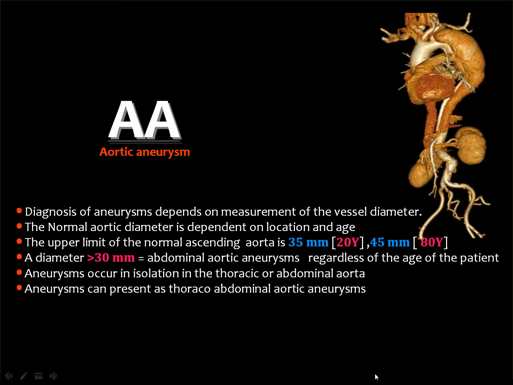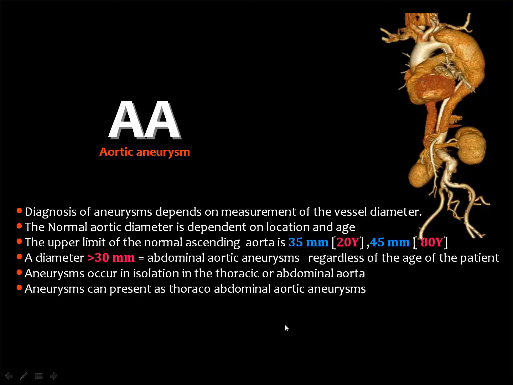The diagnosis of aneurysm depends on the measurement of the vessel diameter, and the vessel diameter depends on the site and the age of the patient. The upper limit for the normal ascending aorta is 3.5 centimeters at the age of 20 years, and 4.5 centimeters if the patient is about 80 years old.